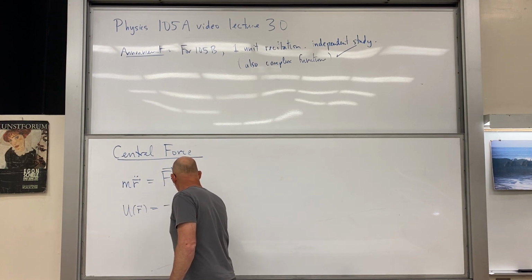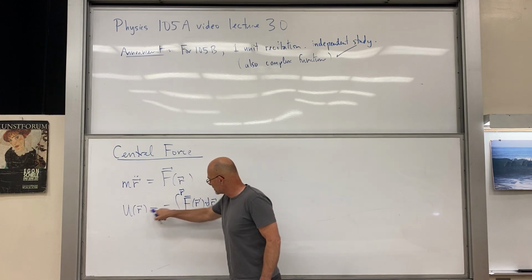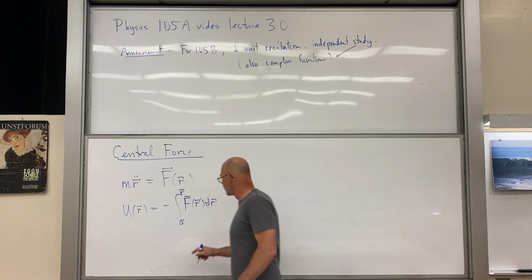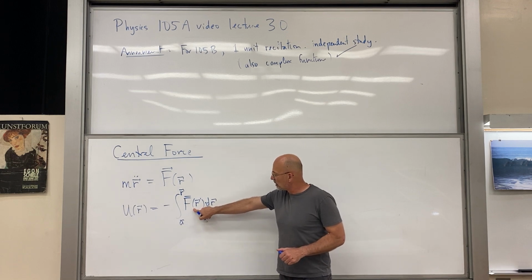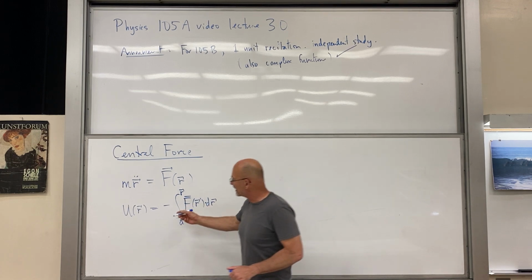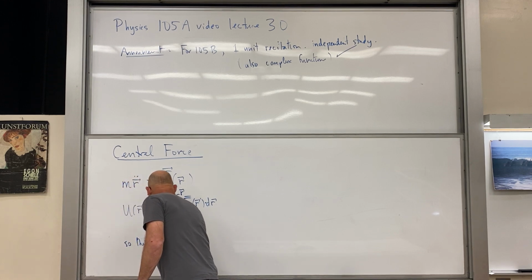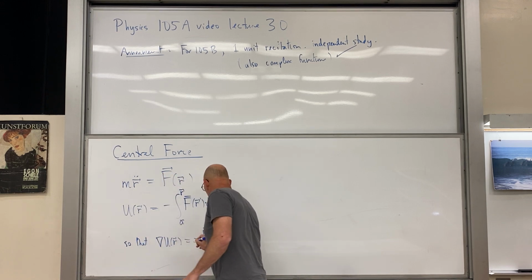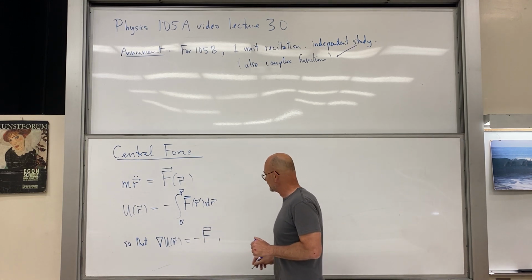dr prime, and the argument of the potential energy is up here. That's just some arbitrary point. And we have to have curl of, this gives us that gradient of U of r is equal to minus our force, and the condition for that is that the curl of this vector vanishes.